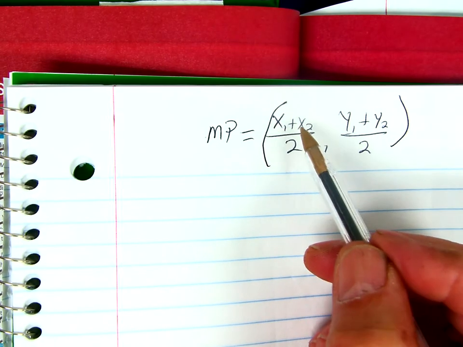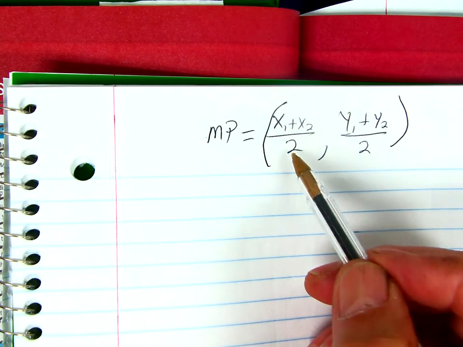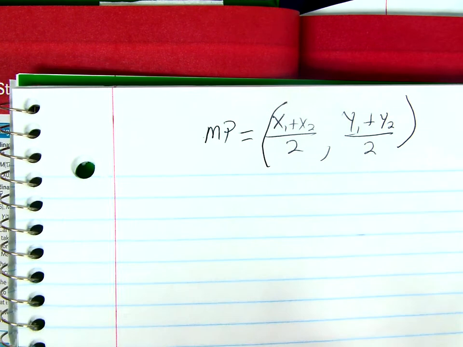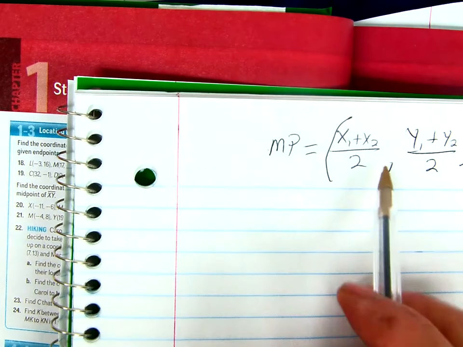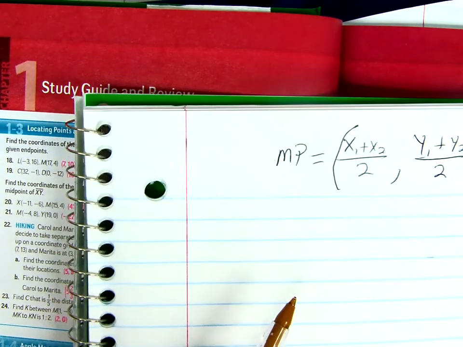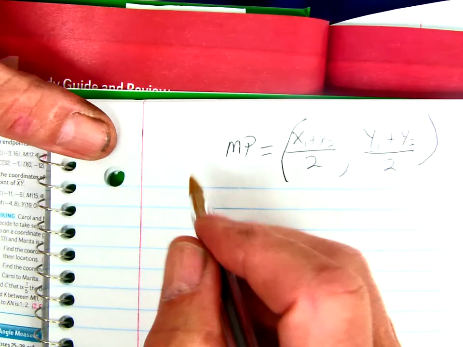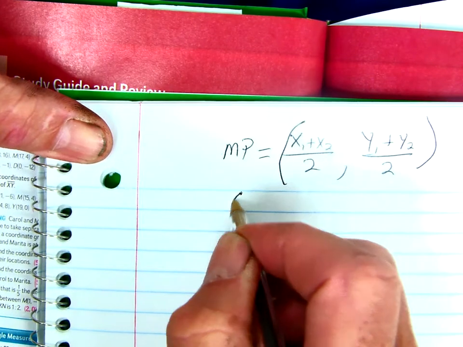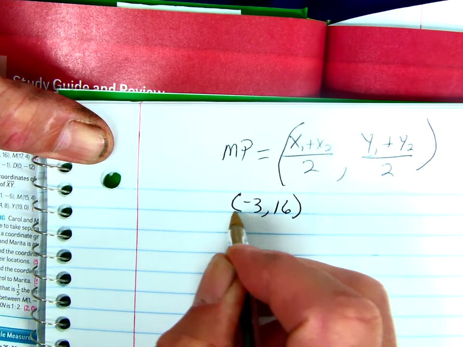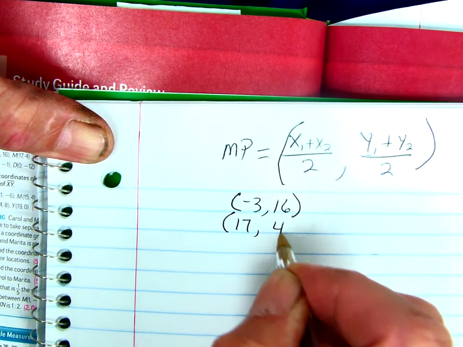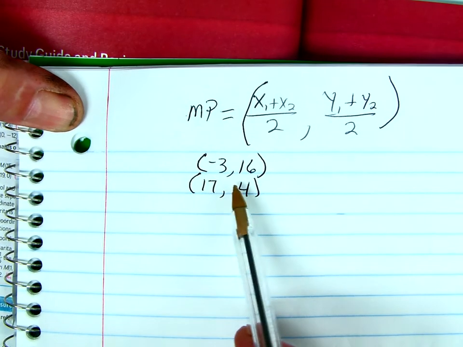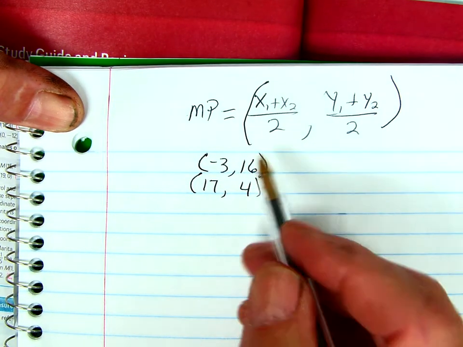You just add the x values together, divide by 2. Add the y values together, divide by 2. Order doesn't matter on these because you're adding. So number 18, our points were (-3, 16) and (17, 4). Once again, I'm writing them this way to keep myself from making a mistake.